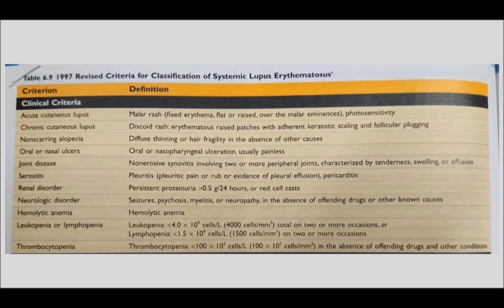Then there is renal disorder, with persistent proteinuria or red cell casts. Neurologic disorder: seizures, psychosis, myelitis or neuropathy in the absence of offending drugs or other known causes. There is hemolytic anemia, leukopenia or lymphopenia, and thrombocytopenia.